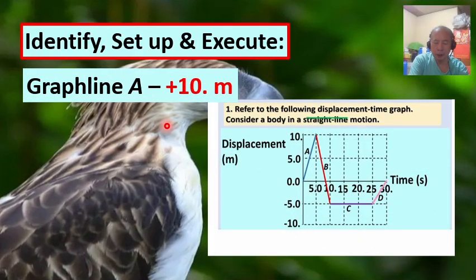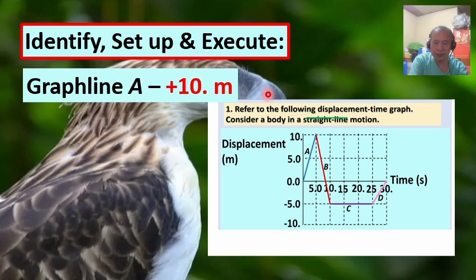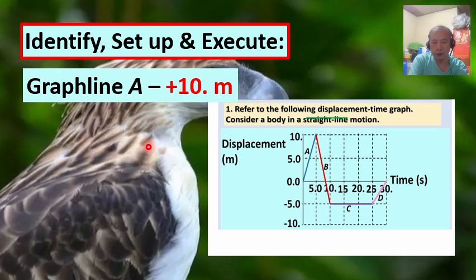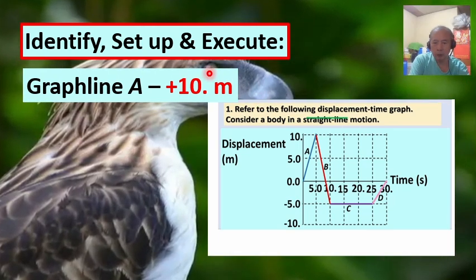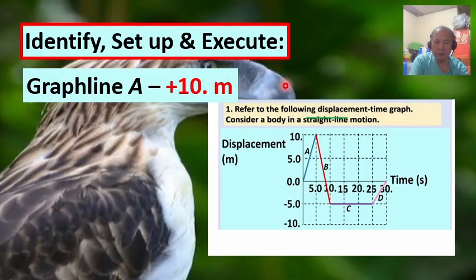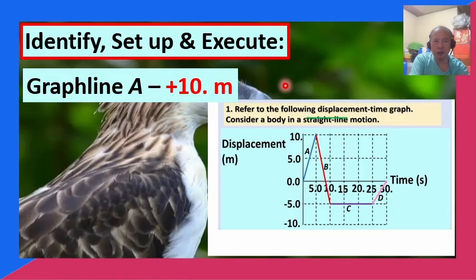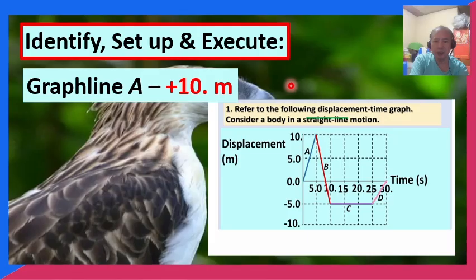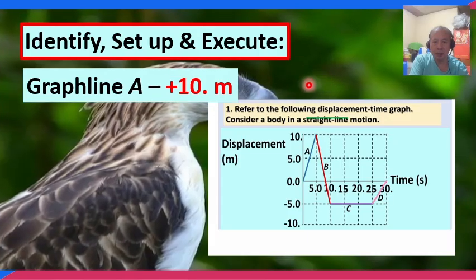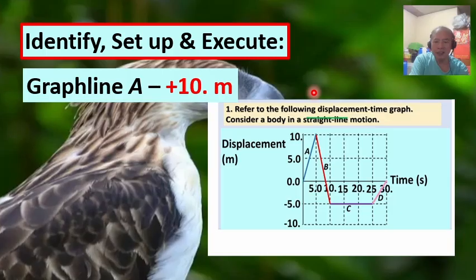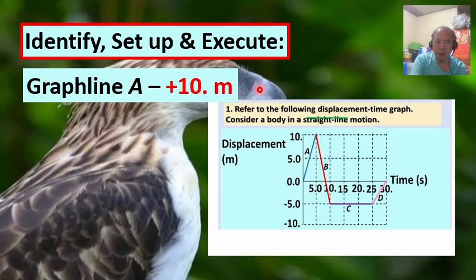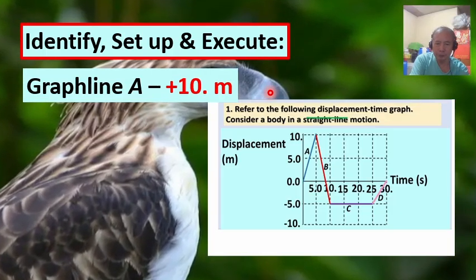For the net displacement of the body with respect to the origin, we take the change in the position represented by each graph line, but this time we already consider the sign of the change in position.